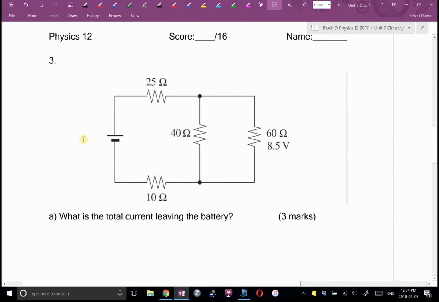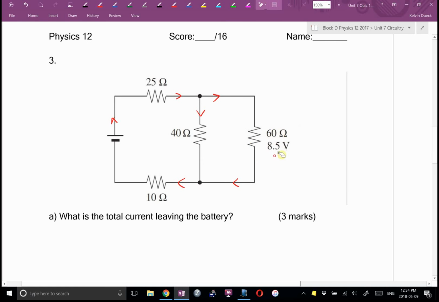All right. What's the total current leaving the battery? Labeled downhill. I'm starting right there. I can probably do this without rewriting the circuit. As soon as they give me 2 things, that's usually the crack in the armor, and I can usually take it from there.